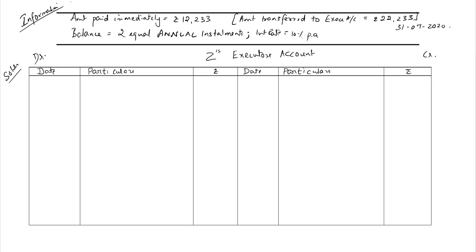So let's continue to prepare Z's executor's account. 31st July 2020 by Z's capital account. The amount transferred 22,233 rupees. On the same date, 31st July 2020, amount paid immediately to bank account 12,233.